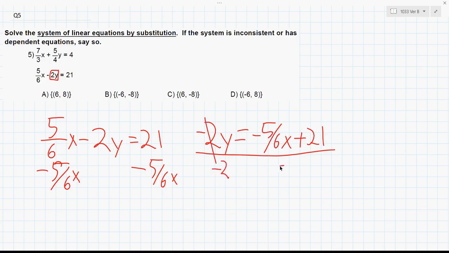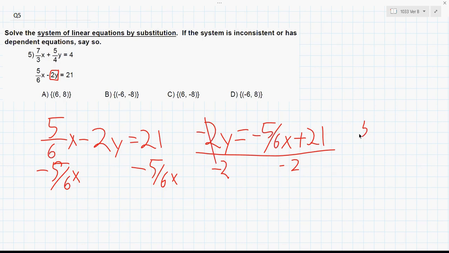I'm trying to remember how to do that. If it's division by negative 2, so it would be negative 5 divided by 6, which is then divided by negative 2, would give me a 5 over 12.